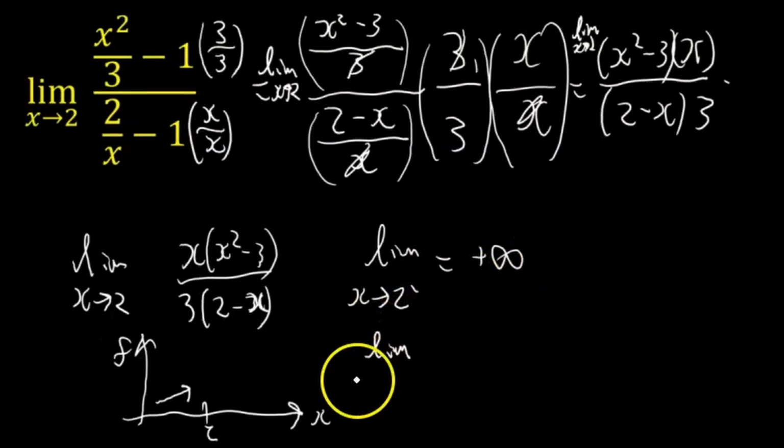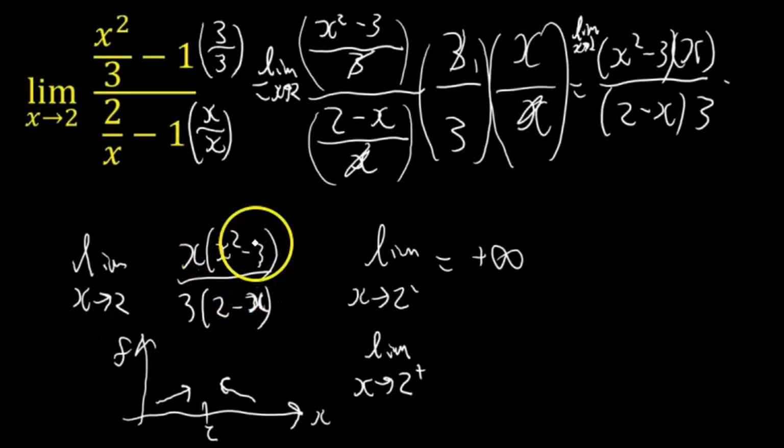But the limit as x goes to 2 from the positive side, and yeah, so this is positive. This will be positive as well because 2 squared is 4. 4 minus 3 is a positive number. But as x goes to 2 from the positive side, x is greater than 2, because we're approaching 2 from the positive. If x is greater than 2, this is negative. So this becomes 0, but it's a negative approaching 0.